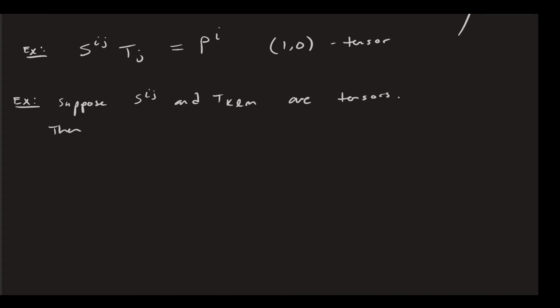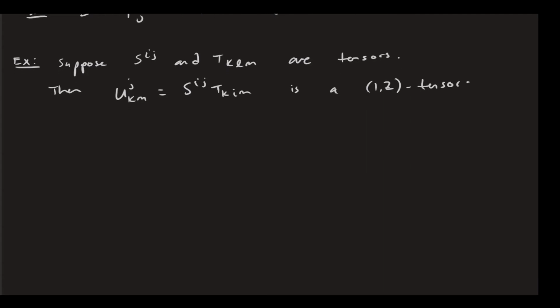Then we'll call it U^j_km equal to S^ij T_kim, which is a (1,2) tensor.